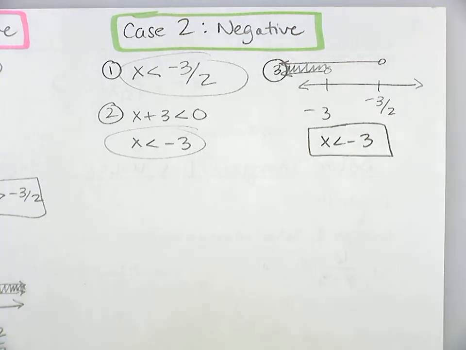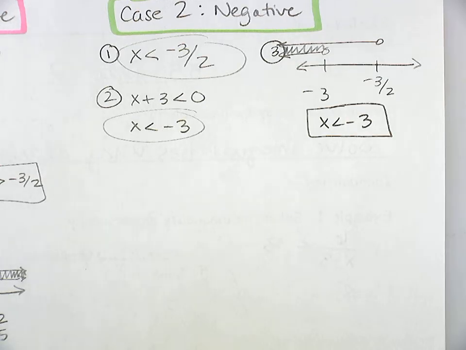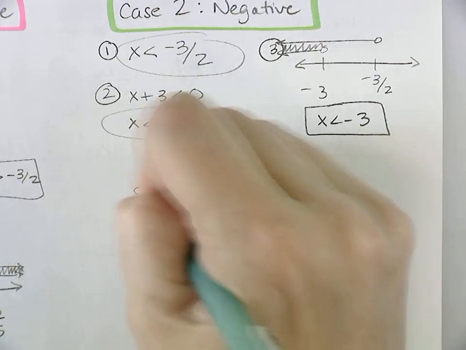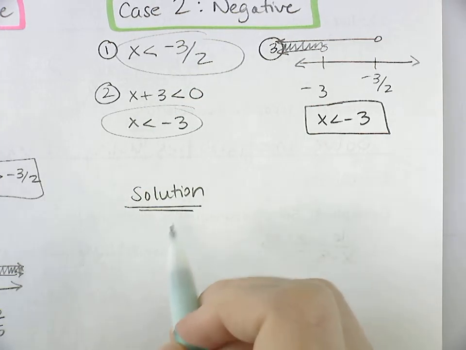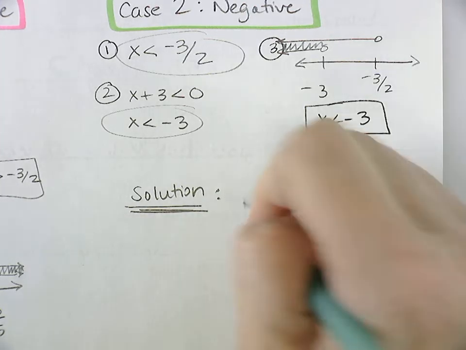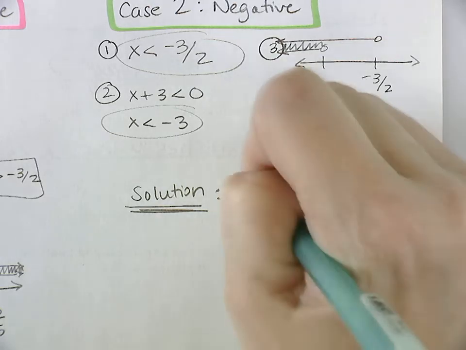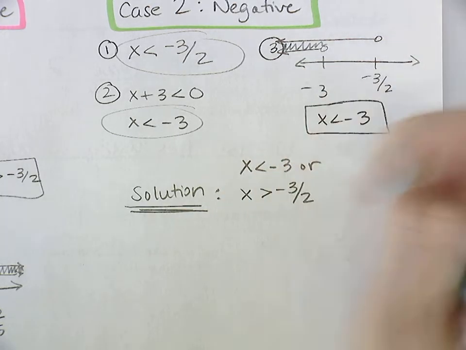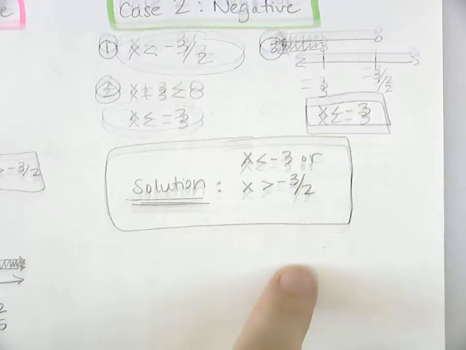Okay, so that would be for step 1. Joe, did you already do the final solution for this? Can you tell me what it's going to be? X is less than negative 3, or x is greater than negative 3 over 2.